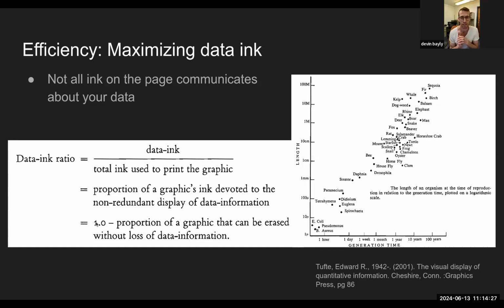But if you're dropping below something like 0.7, where 30% of your ink is not data ink, you need to reconsider some choices about your visualization. The other thing I was going to mention is that a lot of these decisions get made for you by certain plotting libraries. But if you start really diving into options in those libraries and adding or removing things, then you need to be aware of this idea of data ink.